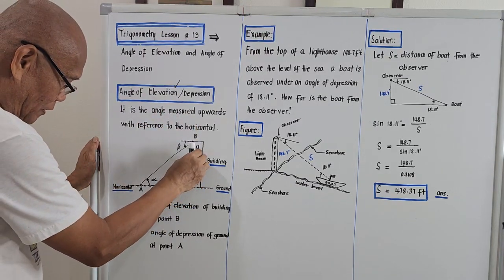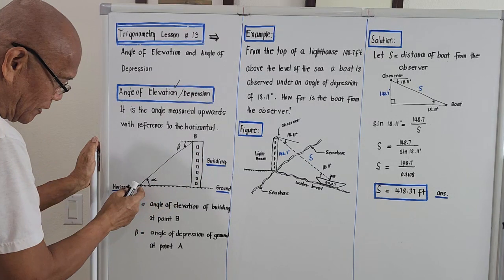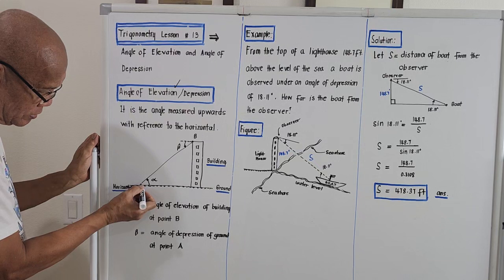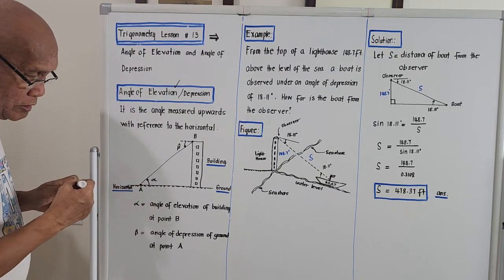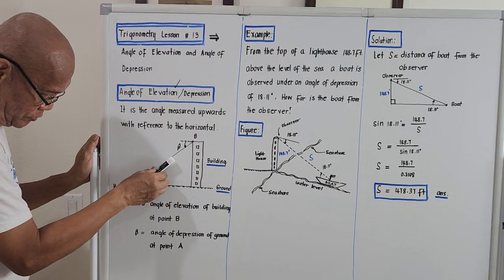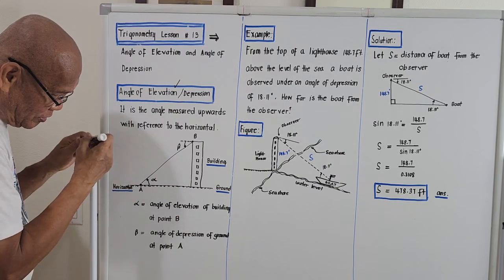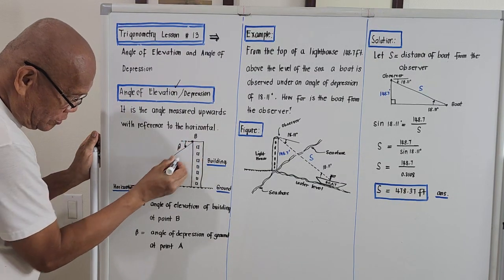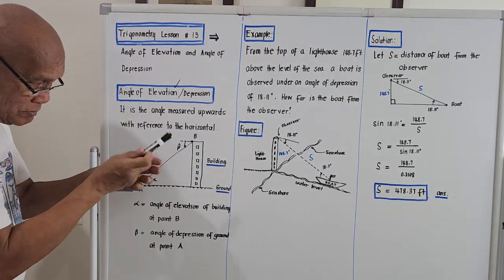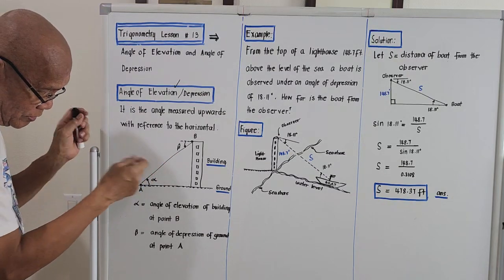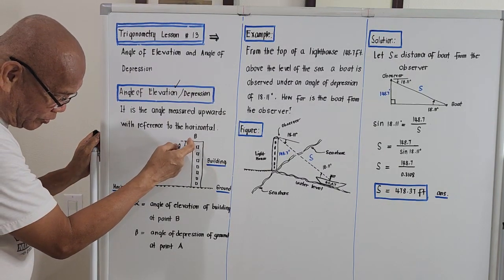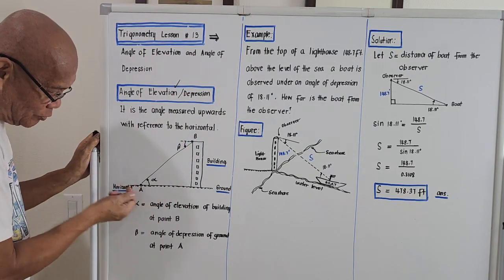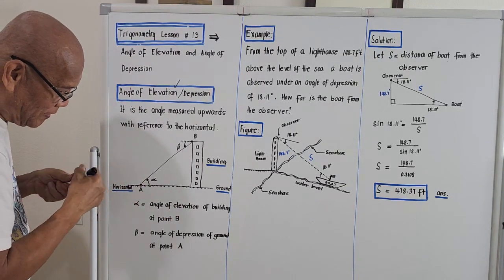If we are given a building here, and we have an observer at point A. If we got a transit and we could direct this transit to the top of the building at point B, we project it to the tip of the building, or the corner of the building at point B. What we will be getting from the transit with respect to the horizontal is actually alpha.